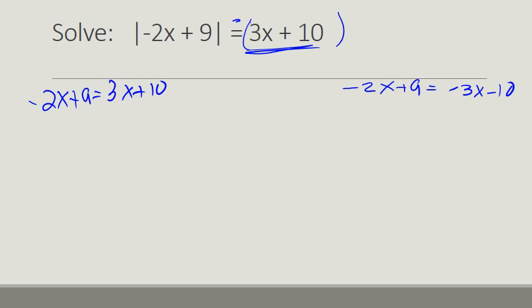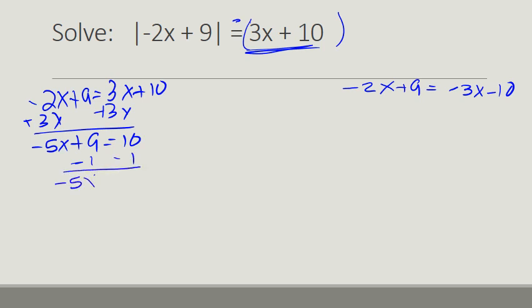Right, so in the first equation, if I add 3x to both sides, I get negative 5x plus 9 equals 10. If I subtract 9 from both sides, I'm going to get negative 5x equals 1.